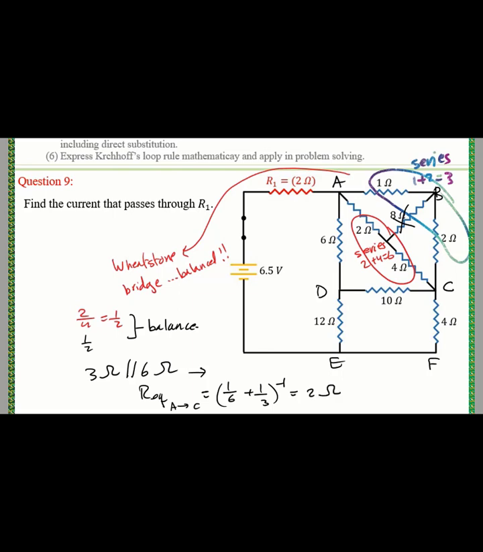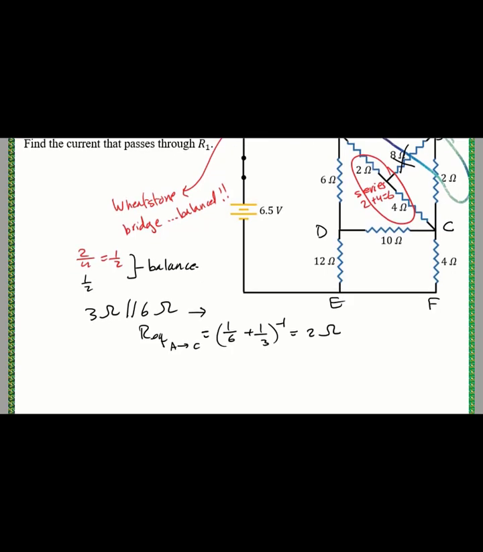Then you can remove all the 5 resistances here between A and C and put only one, which is 2.